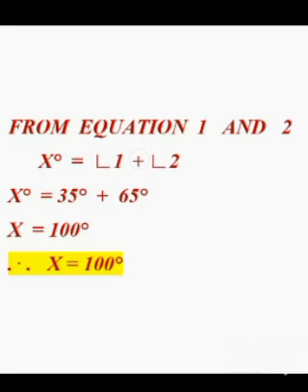Angle 1, how much did you get? 35 degrees. Plus angle 2, how much did you get? 65 degrees. So x degrees is equal to 35 degrees plus 65 degrees. 35 degrees plus 65 degrees is how much, children? 100 degrees. So x is equal to 100 degrees.